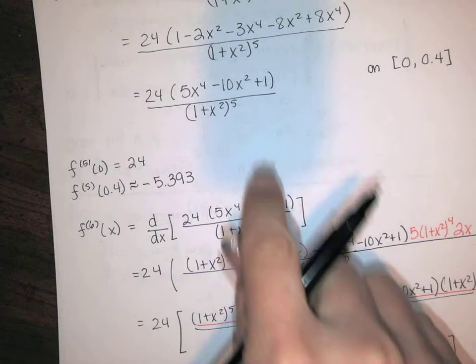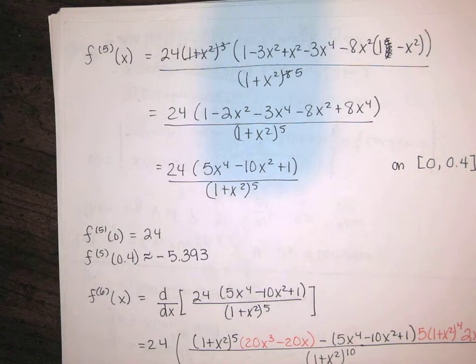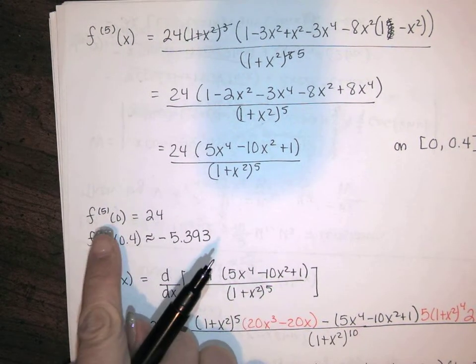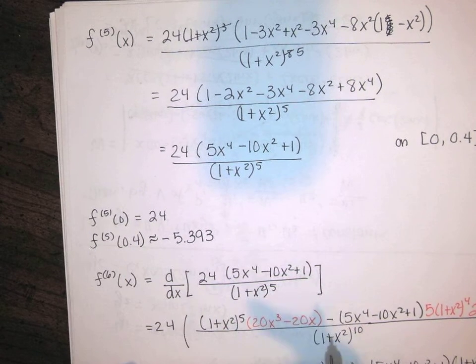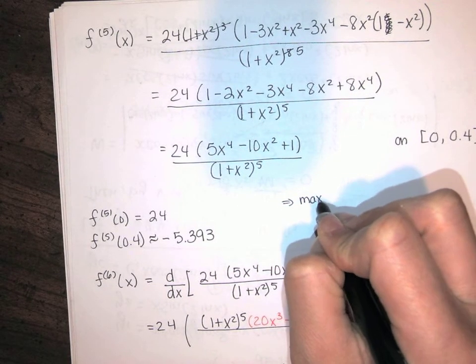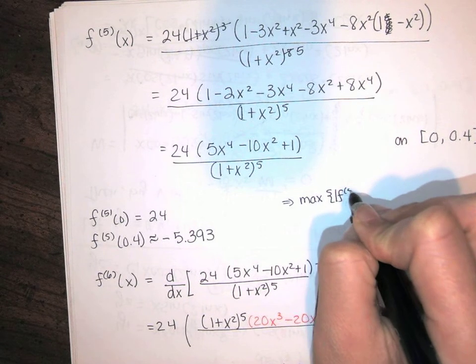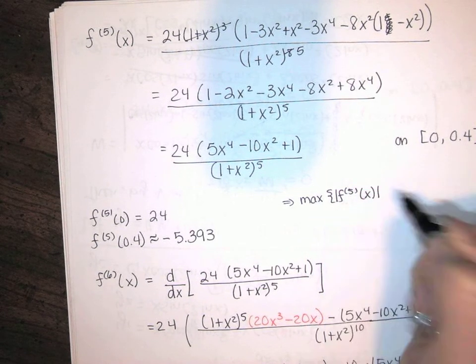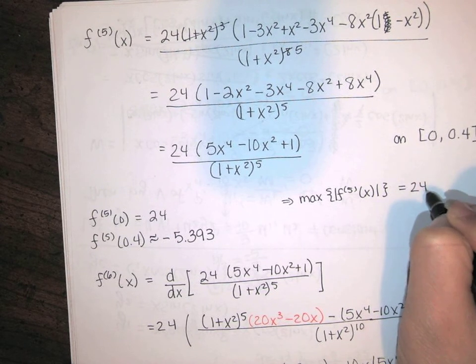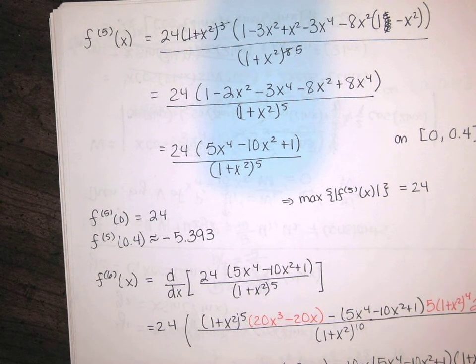There's a lot of work just to find out there are no critical values. So what are we doing again? Oh yeah, we're trying to maximize. We're trying to find the maximum value of this function. Well, it looks like the maximum value occurs at 0, and it's 24. So the maximum value of the absolute value of the fifth derivative on the interval from 0 to 0.4 is equal to 24. Okay, now let's go back to the original problem that had to do with error.